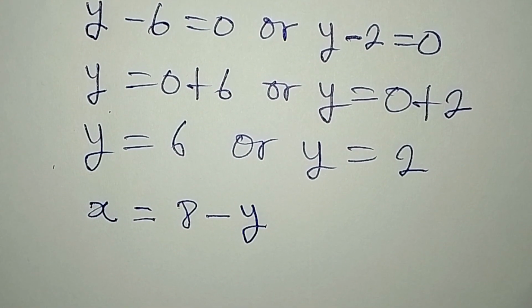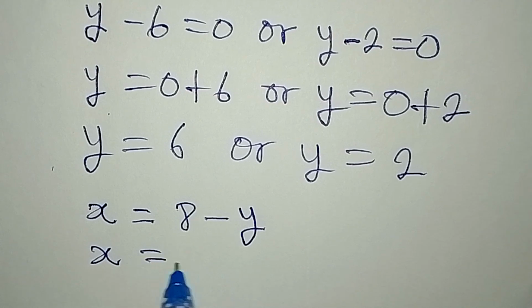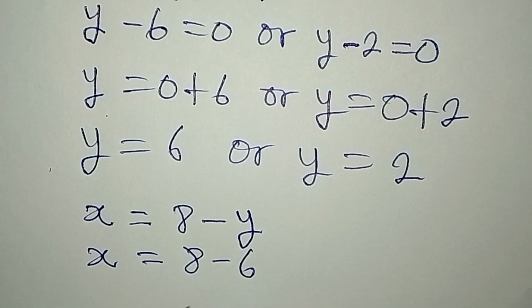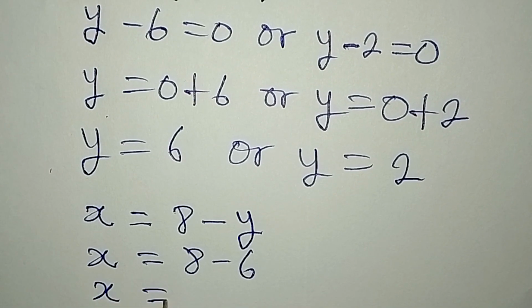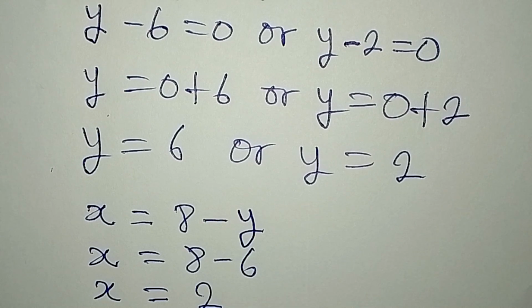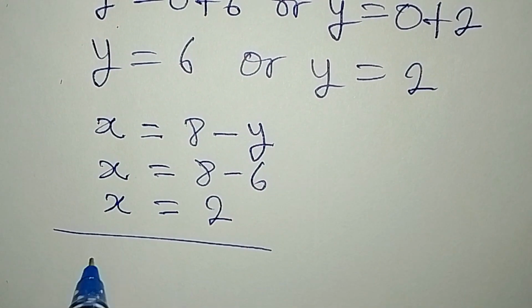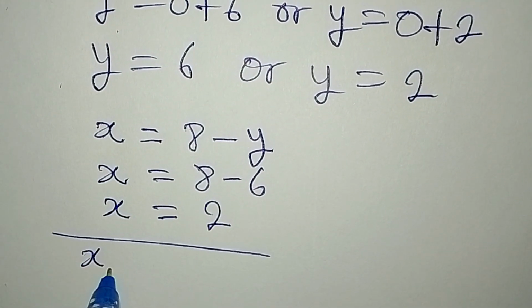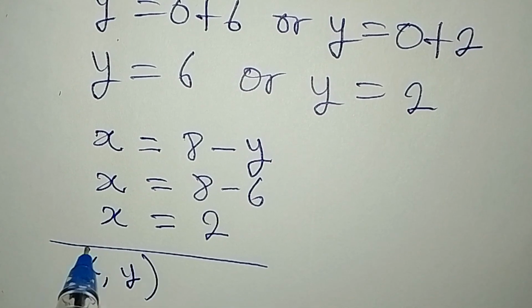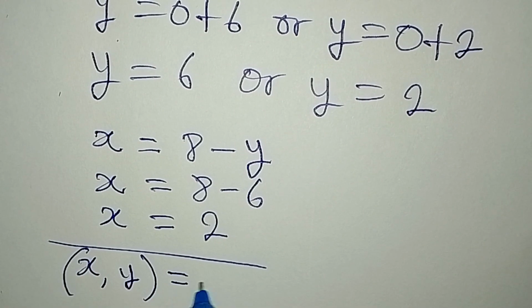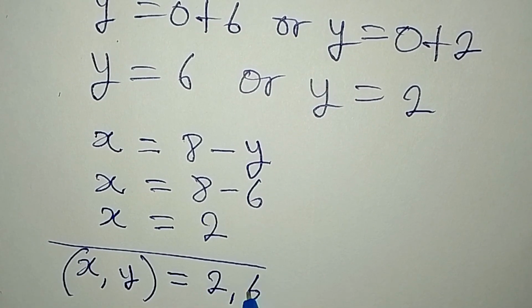I'm going to work with the first value of y, which is 6. So x will now be 8 minus 6, meaning that x is equal to 2. So from here, we have x comma y equal to 2 comma 6.